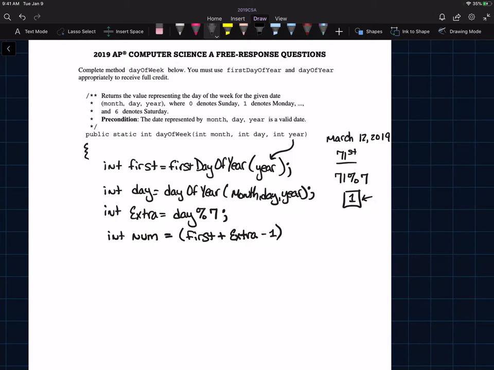Then we keep adding from 0, because remember they have Sundays being day 0. Then, because there's a chance that the extra could possibly be 6, and the first day could possibly also be 6, the sum could be bigger than 6. The way we solve that is we mod it by 7 again, and then we just return that number. Return num.